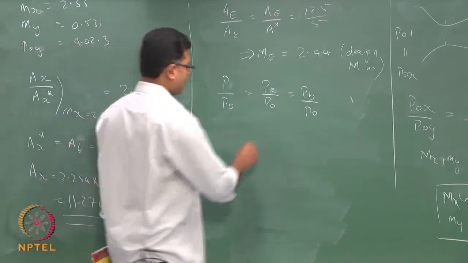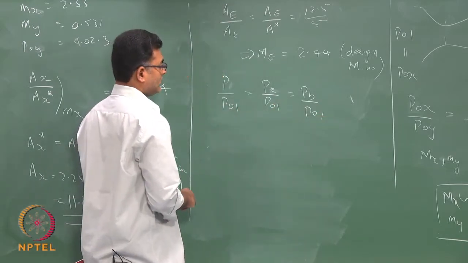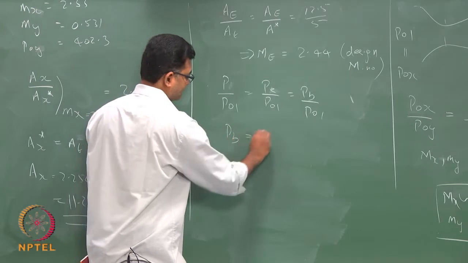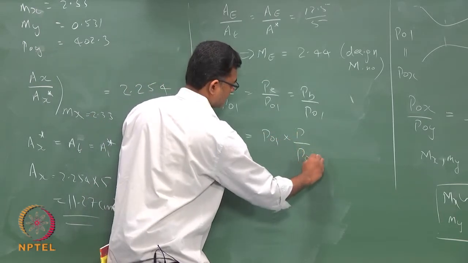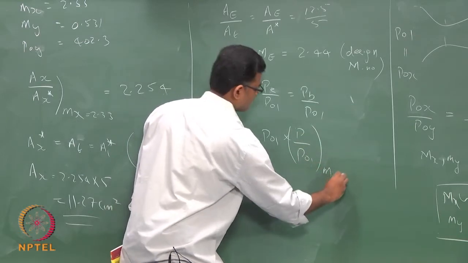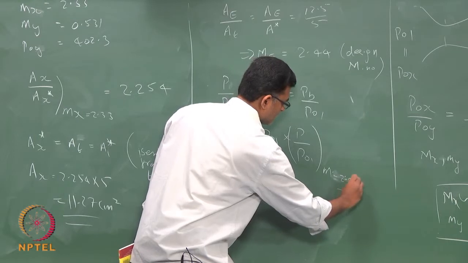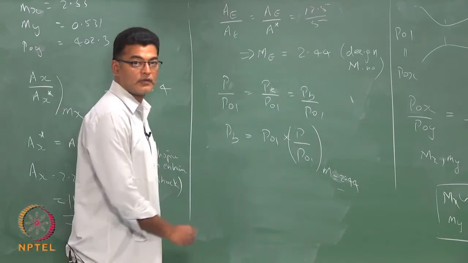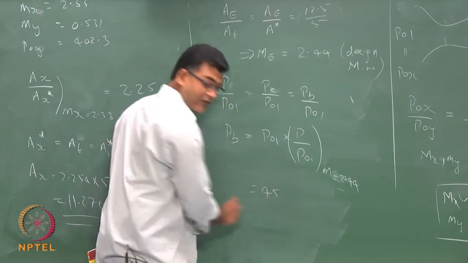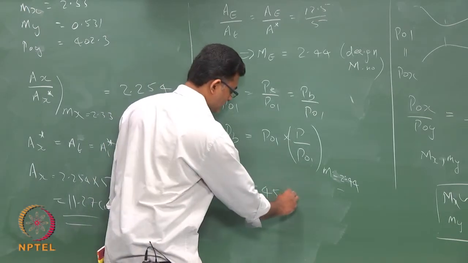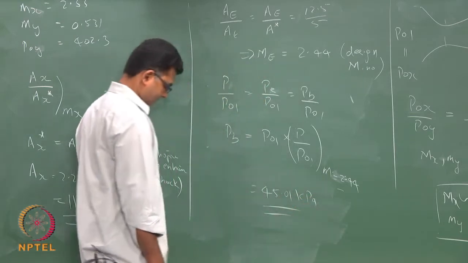So, I will have this P01, which should give me a PB value of 45 point kilopascal.